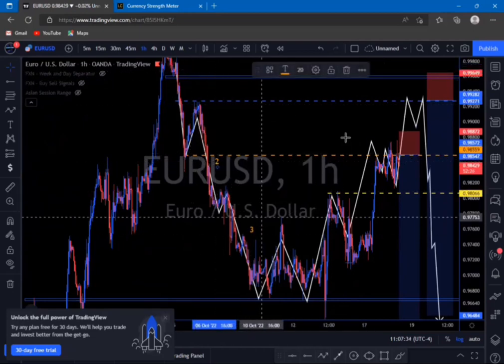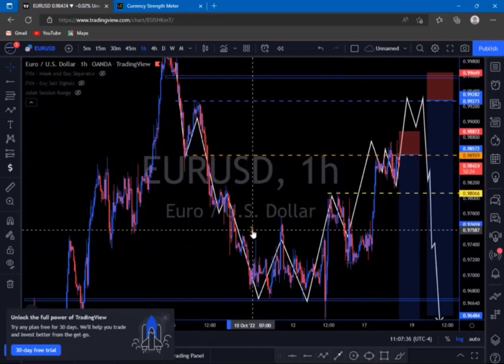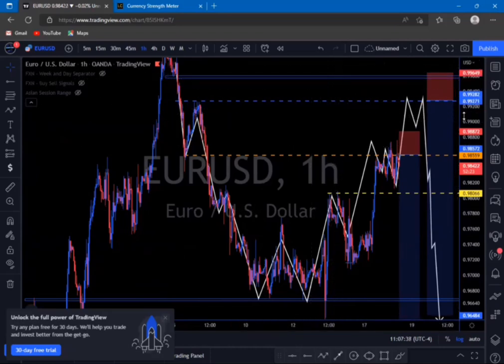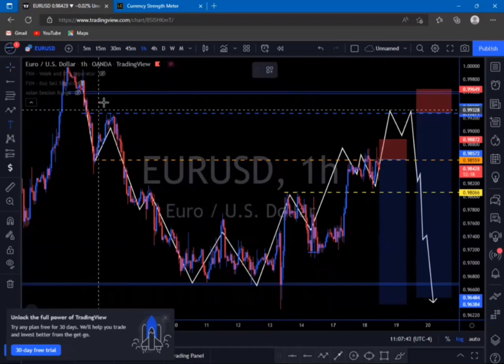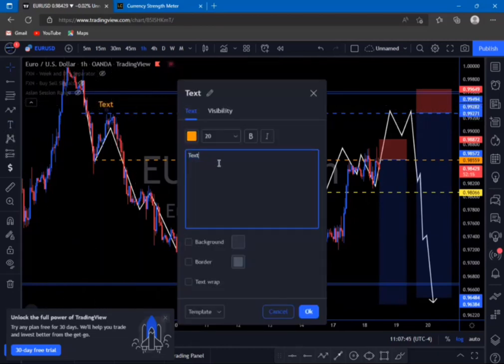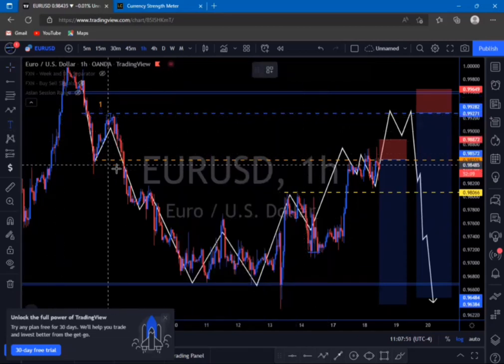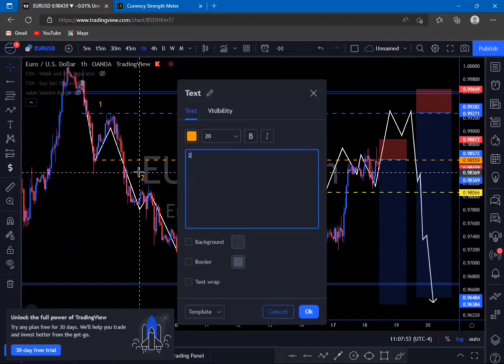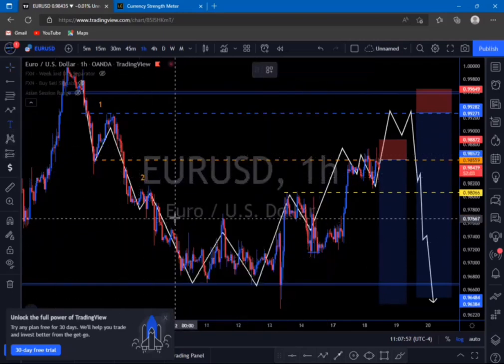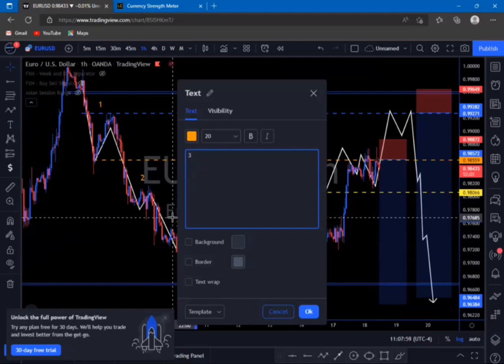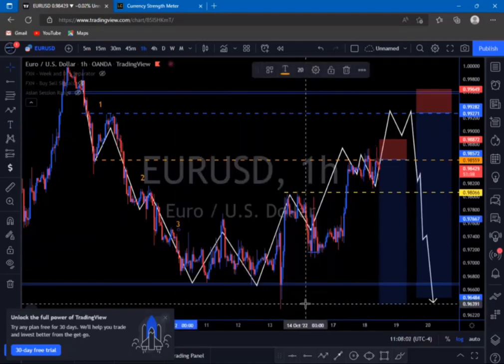So let me give you a quick illustration of what I'm talking about, to show you the levels and the counts. This being level 1 for the sell opportunity. That is level 1 there. Then we have another second level there, as I'm indicating. And then we have another third level of drop.